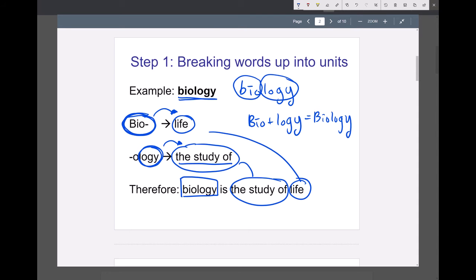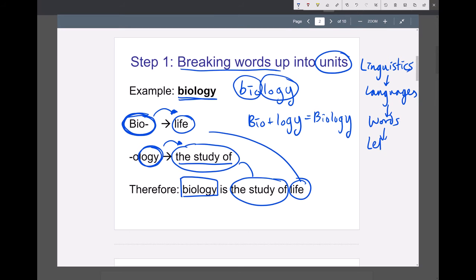So many words can be broken into parts like this, or small units. If you want to learn more, you can study linguistics at university to learn more about how languages work and how words are formed and what letters are for and sounds and so on.